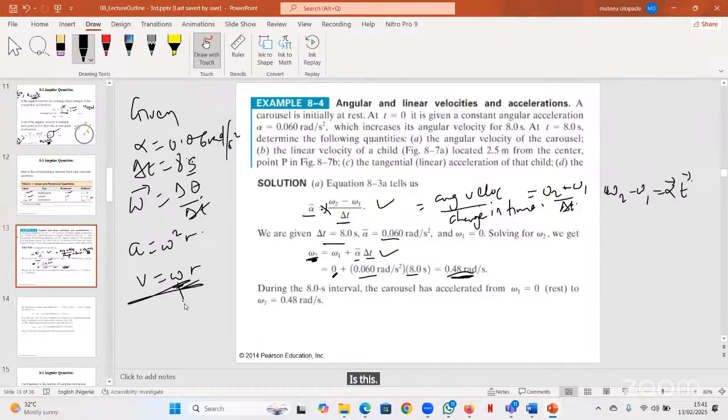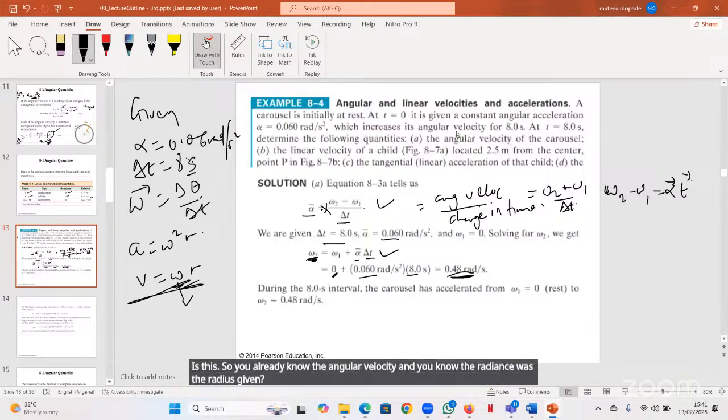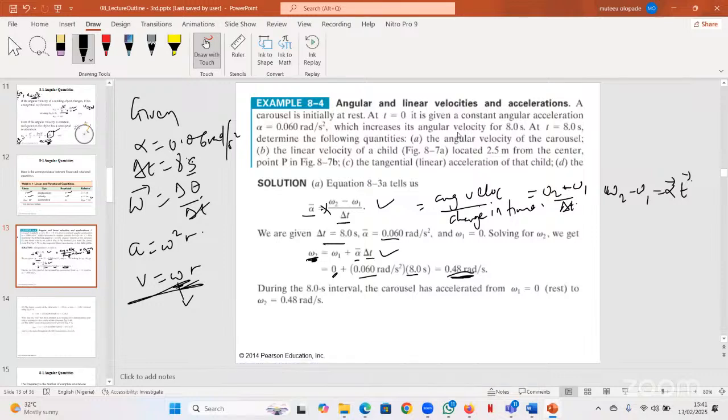So you already know the angular velocity and you know the radius. Was the radius given?